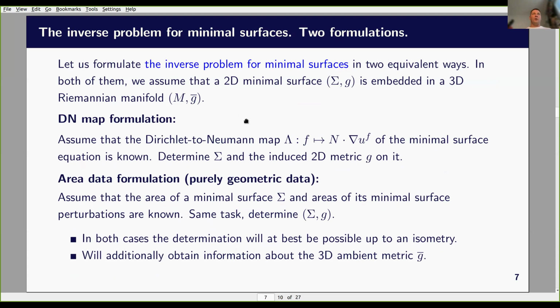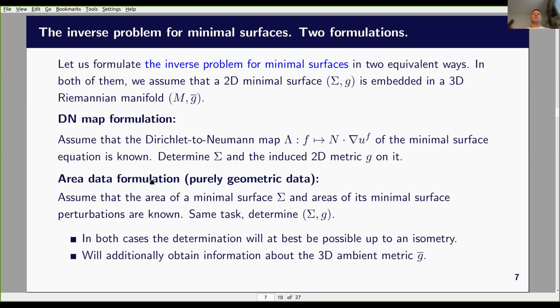So first, the DN-map formulation. Assume that the Dirichlet-Neumann map, which we had in the previous slide, of the minimal surface equation is known. The task is to determine sigma and the metric G, which is induced from the three-dimensional metric G bar on this sigma. So determine sigma, G.